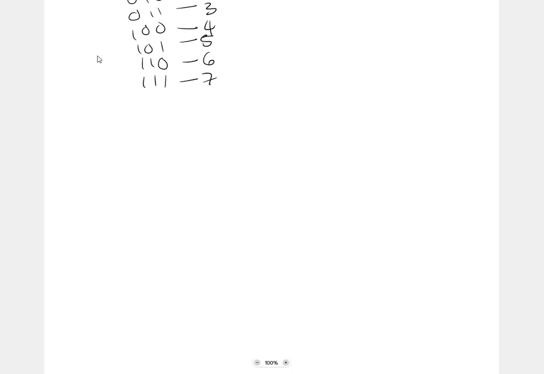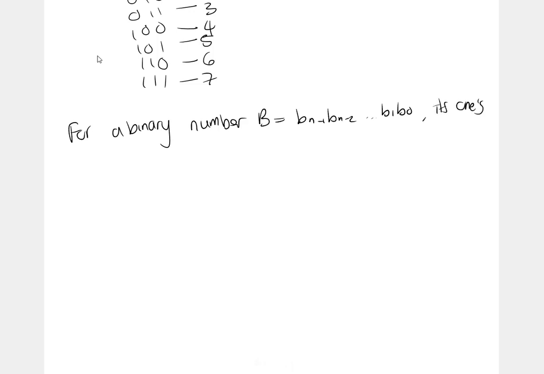For a binary number b, which is equal to b_{n-1}, b_{n-2}, so these are the digits of the binary number, all the way to b_1, b_0, its ones complement b prime is obtained by inverting each bit.